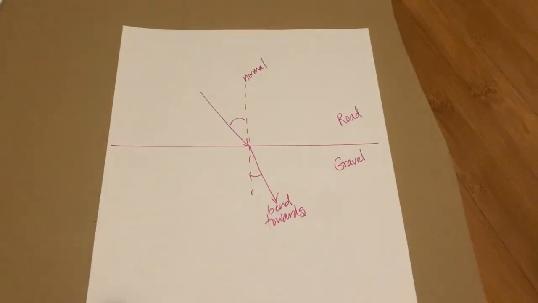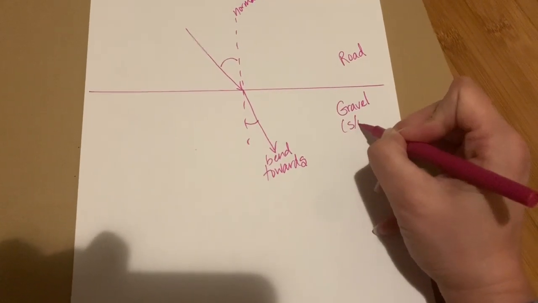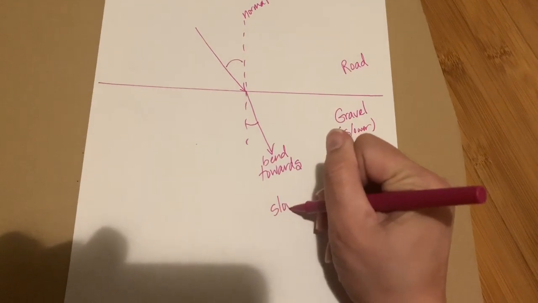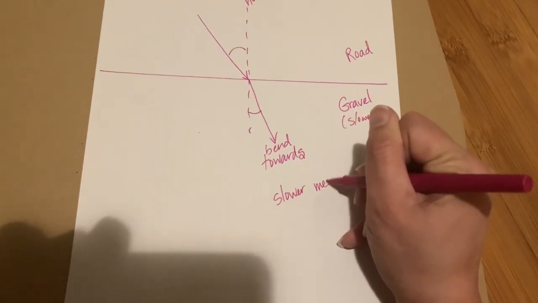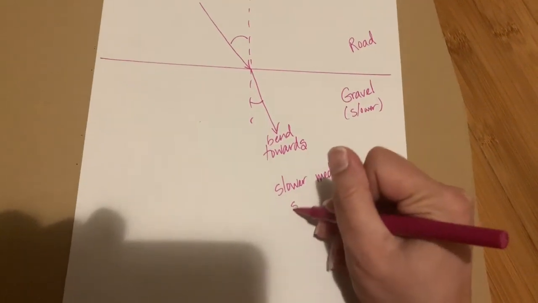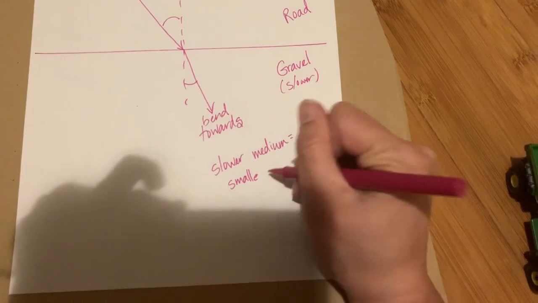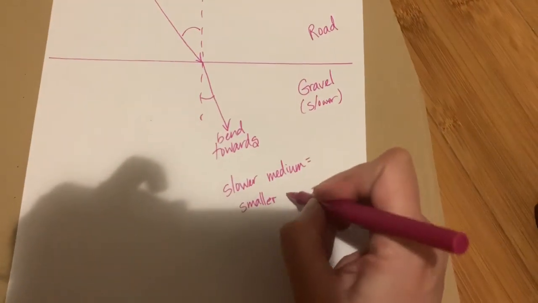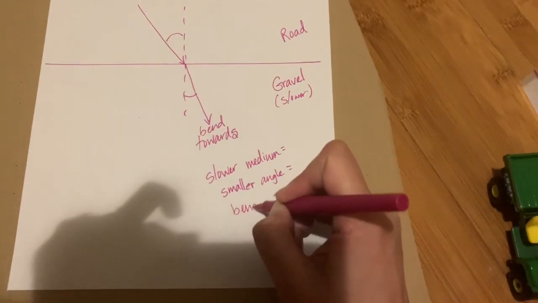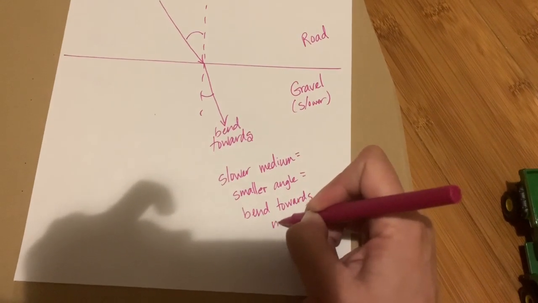And the reason why this happens is because in the gravel, it goes slower. So, slower medium equals smaller angle equals bend towards normal.